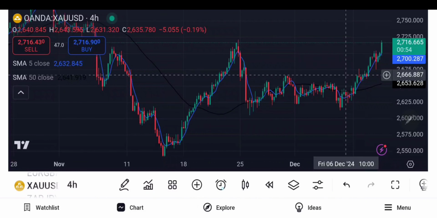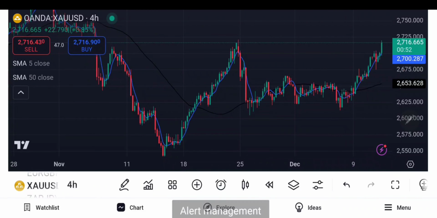Okay, the next icon is alert management. How does that work? You look to the right. The price of gold is trading at $2,716. Obviously, that's high. We want to be able to purchase this asset at a discounted price. So let's say, for example, if we wanted to purchase this asset at $2,515, we would then go back to here, which is alert management.